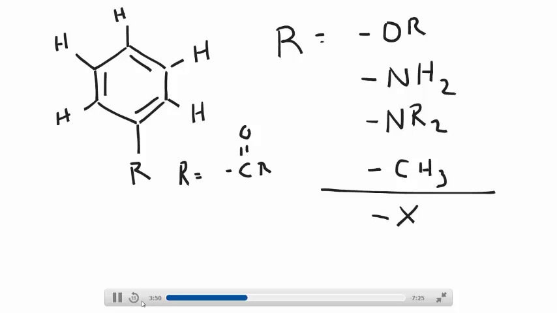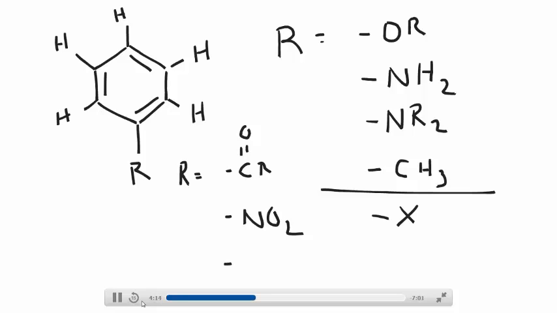Something along these lines. They tend to be very useful. A nitro group. In this case, that nitrogen does not have the lone pair. It actually has a formal charge of +1, and it has an even more positive oxidation number. So this is a very good electron withdrawing group.